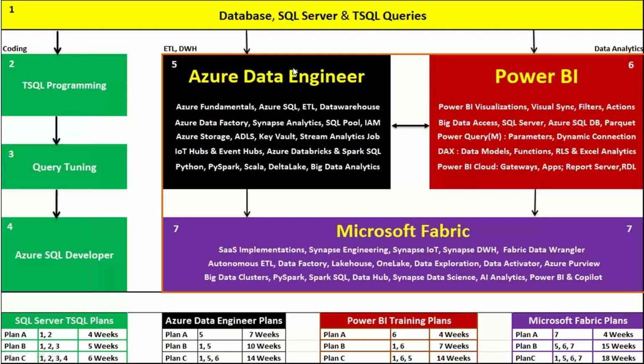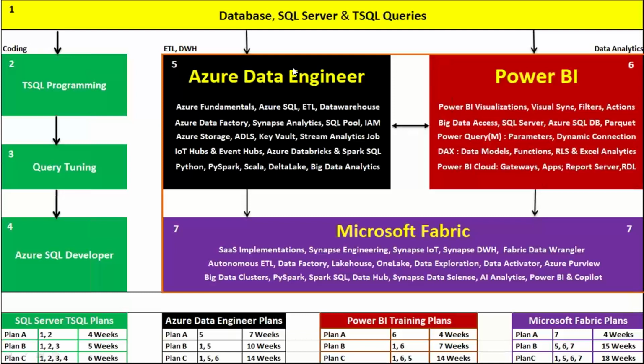And with this information, what are the prerequisites from the data engineering learning perspective? I was talking about the yellow box. Yes, we have the yellow box out there. Now, inside the yellow box, what are the prerequisites?